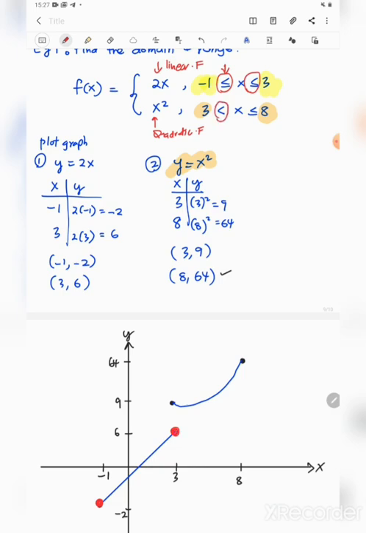For the quadratic function, we have less than but we don't have the equal sign, which means we have an open circle. And for 8, we have less than and equal sign, so we have a close circle.